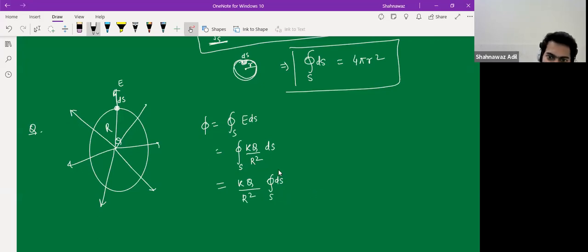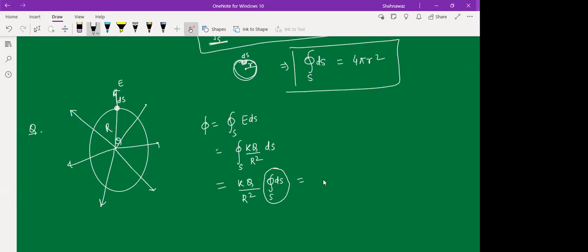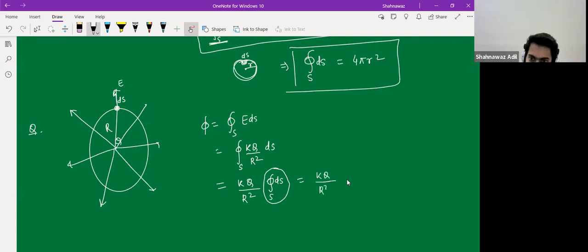So you guys tell me what would be the value of this integral? Remember, this is a sphere. 4 pi r square. Yes, absolutely correct. So k is 1 by 4 pi epsilon naught, times Q by r square, times 4 pi r square.